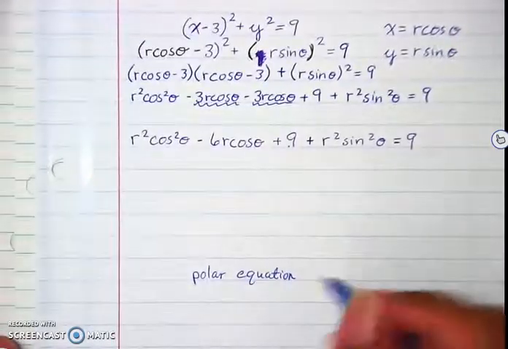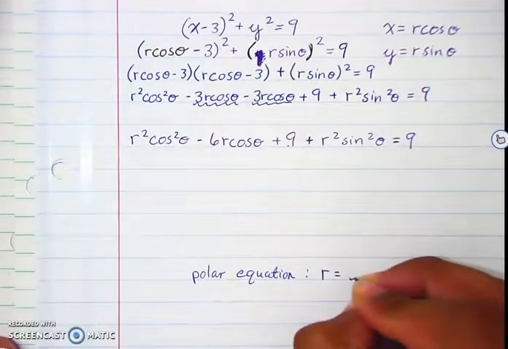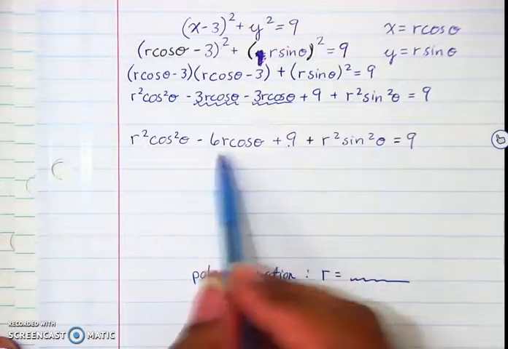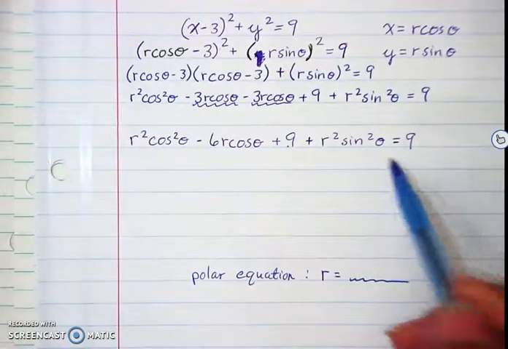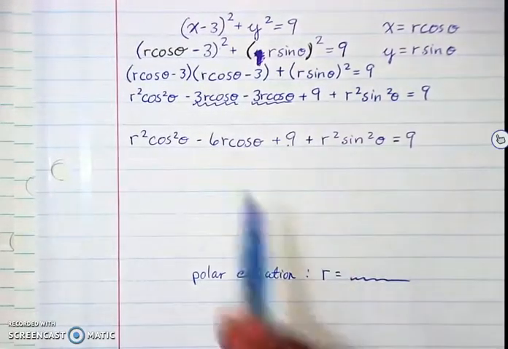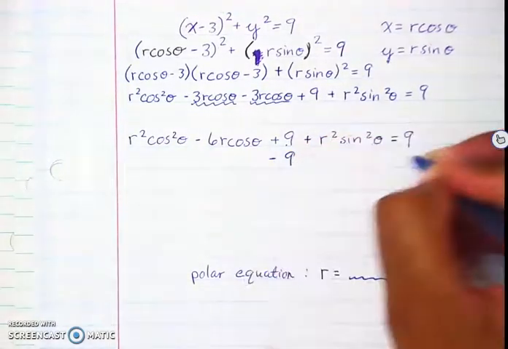For our polar equation, we're looking for r equals something. So on this side we need to keep our r's, and on the other side we need to have cosine or a number. So we need to get that 9 over here so we can get r by itself on the left side. We're going to subtract 9 from both sides.